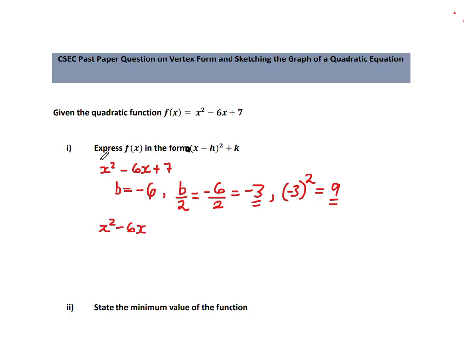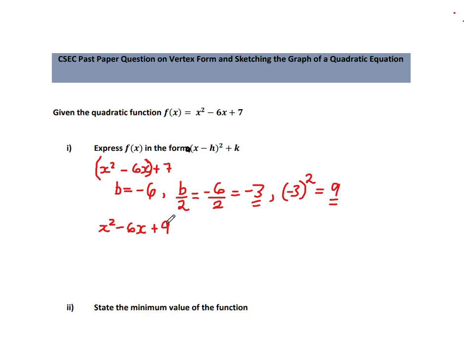Now I'm going to do a separation of variables here. So x squared minus 6x, I'm going to separate those variables from the constant. So x squared minus 6x, I'm going to add 9, which is the square of b over 2.